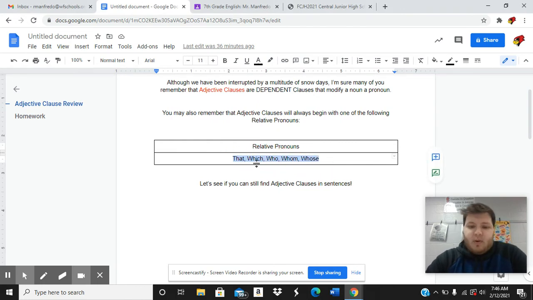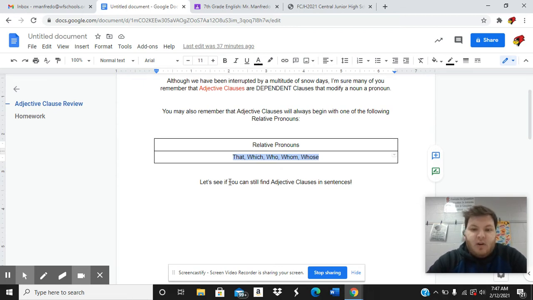You also should remember relative quite literally just means pronouns that relate. Well, what are being related? The adjective clause with the noun that it's modifying, right? So if you get stuck and you can't find your adjective clause in a sentence, check and see if any of these five words are inside of that sentence, and that will be the beginning of your adjective clause.